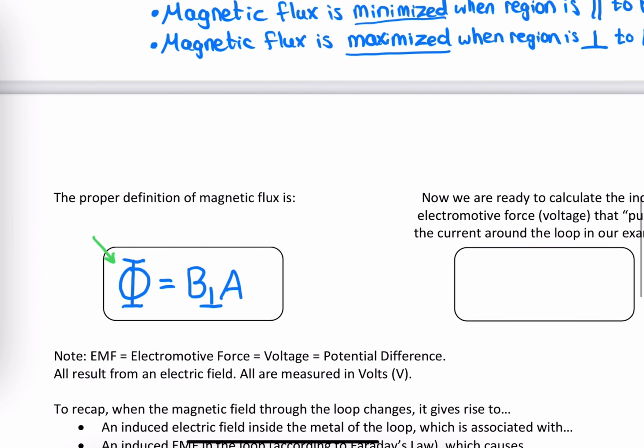So this is the magnetic flux through a region. This is the magnetic field strength in the region.